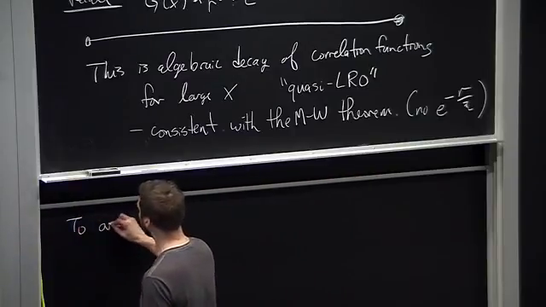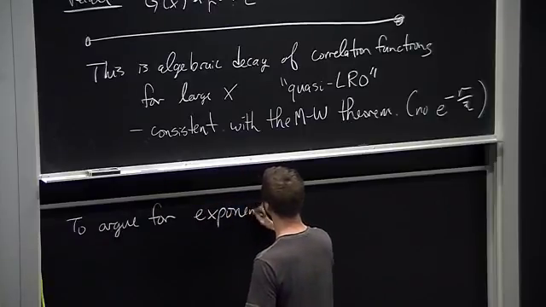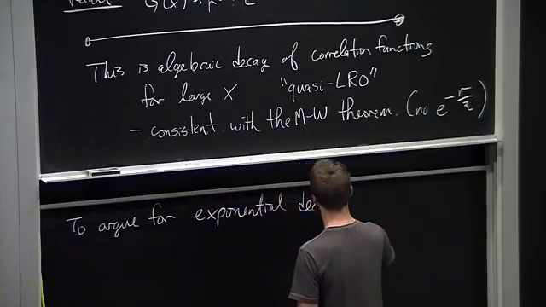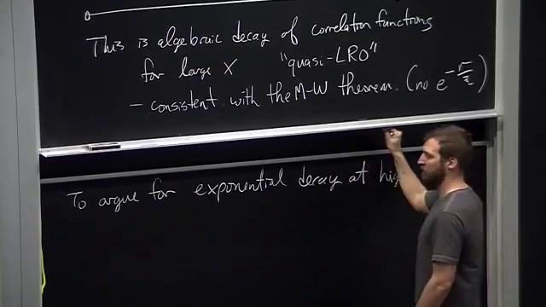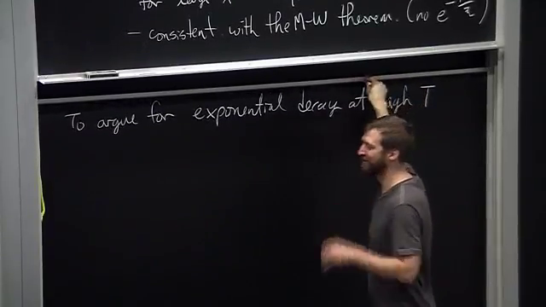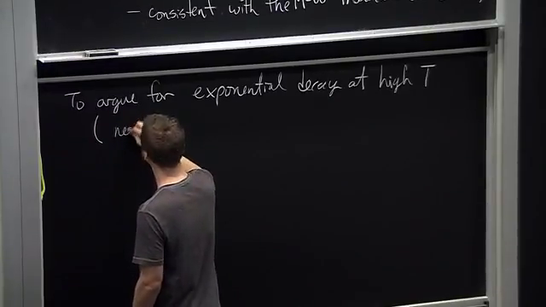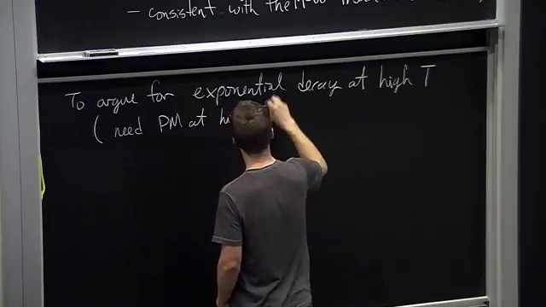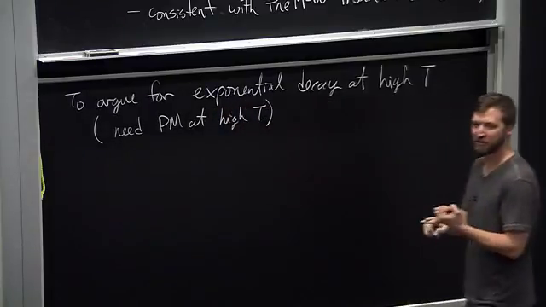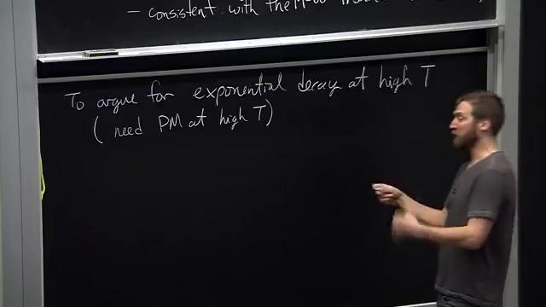To argue for exponential decay at high temperature, you experimentally know that you need a paramagnet at high T. Number one, it tells you there must be some sort of phase transition, or at least a crossover, but there is a phase transition. And you need to include that in the theory somehow.